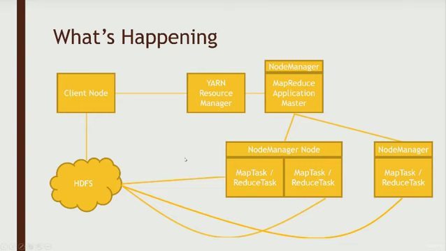One other thing worth talking about is that when your resource manager decides where to actually launch a given mapper or a given reducer, it will try to actually make that run as close to the data as possible. So let's say I'm running a mapper for a given subset of our input data. Remember, in HDFS, that input data is going to be split up into blocks that are replicated across 2 or 3 or even more nodes across your cluster.